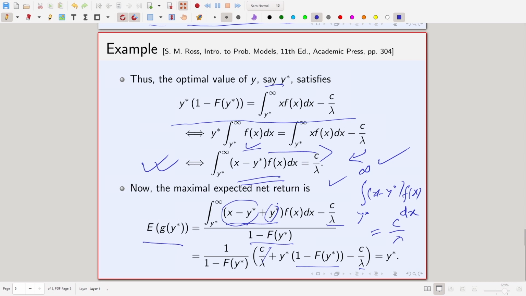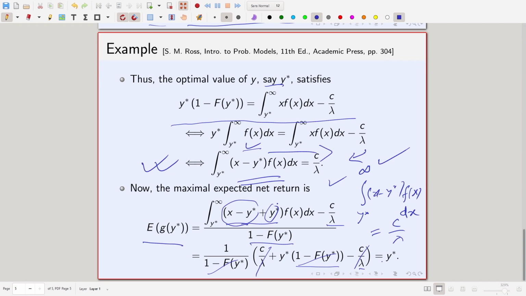Now, you can easily check that this and this get cancelled, this and this get cancelled, and you end up with y star. So, you get an interesting thing: the maximal expected net return is actually equal to the optimal value of y. So, the optimal size of the offer that you should wait for turns out to be also your maximal expected net return.